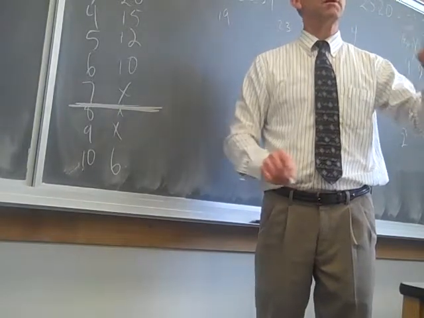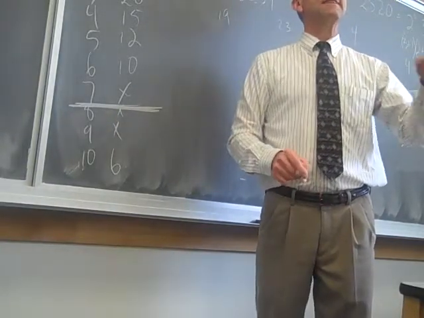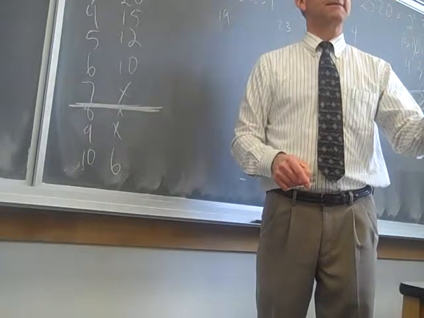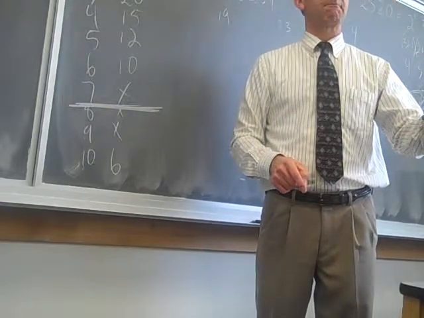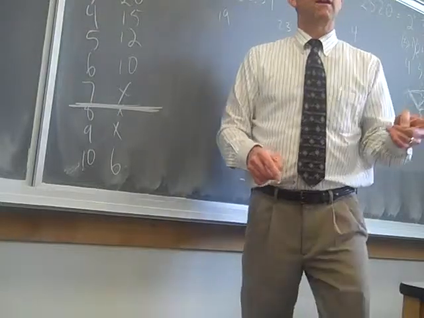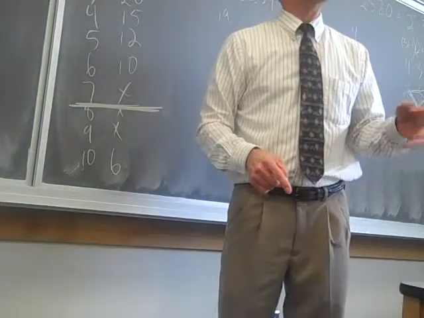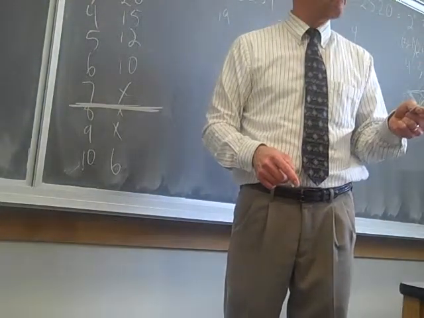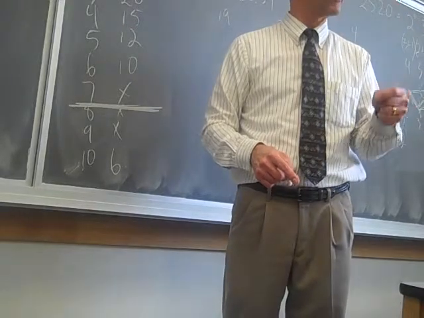Now if I give you a number and say, is this number prime or composite? The only thing you have to do is take the prime numbers up to its square root.